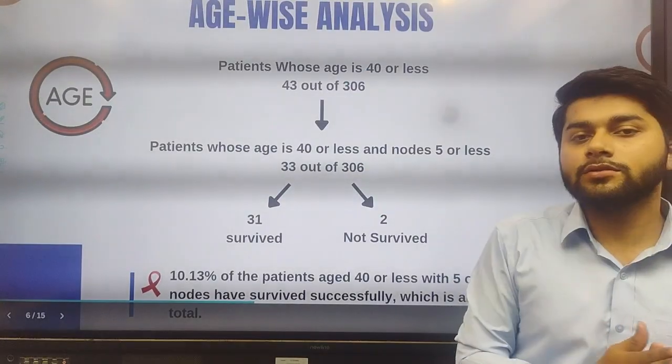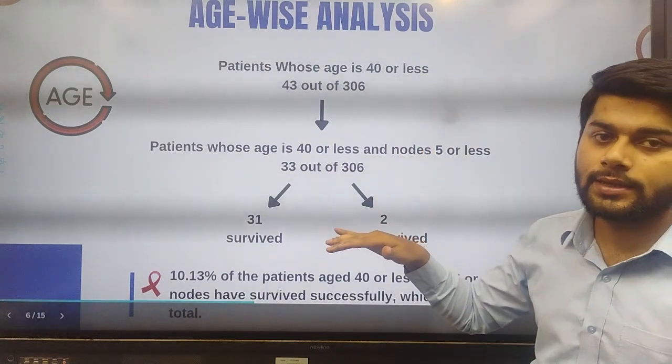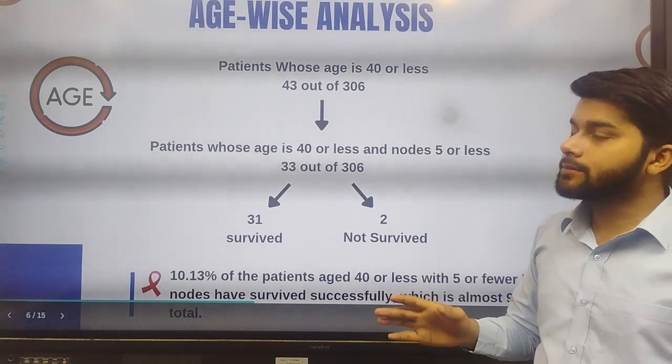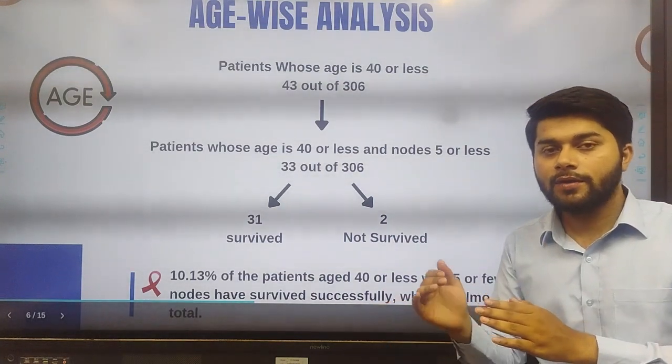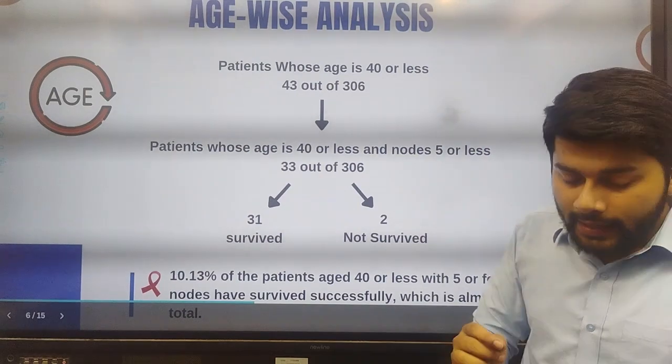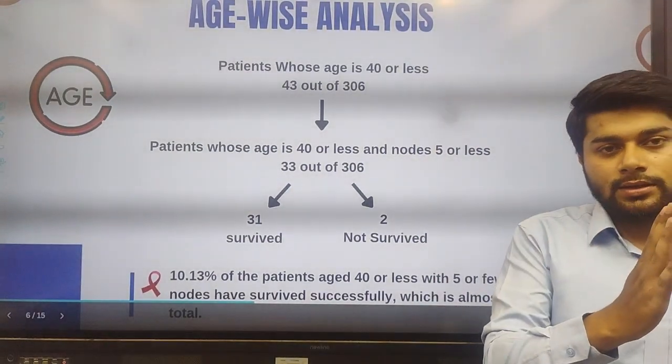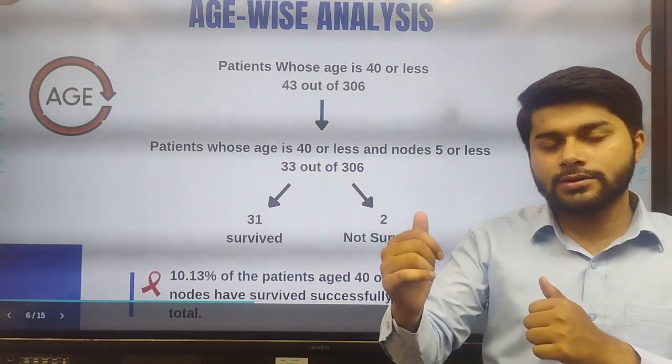First, patients whose age is 40 or less. We have 43 out of 306 patients in this age group. I have considered nodes with age also: age 40 or less with 5 nodes or less.